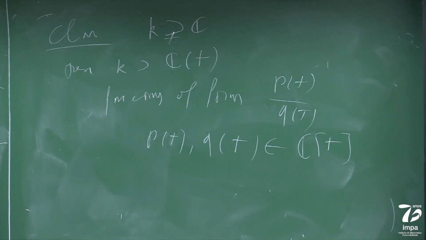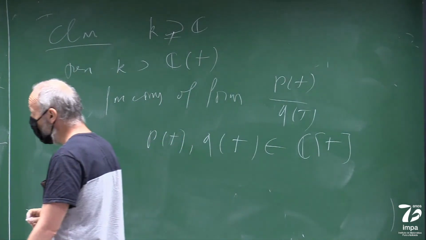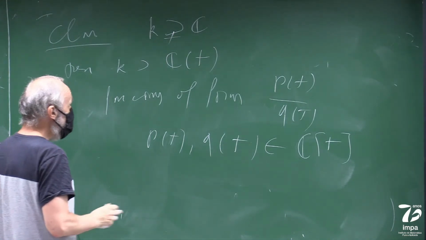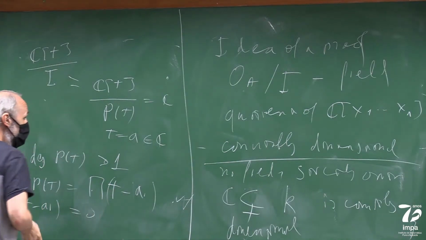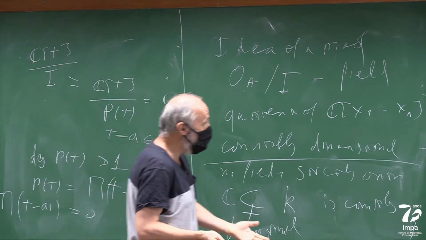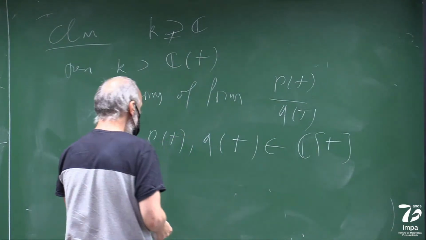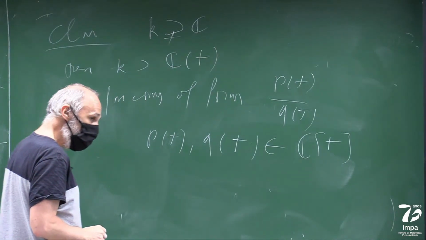I guess everybody should know what it is. And so t is either algebraic or transcendental. Transcendental means that it is never a root of any polynomial equation, and algebraic means that it is a root of a polynomial equation. By this argument, since C contains roots of all polynomial equations, the quotient is a field, so C has no algebraic extensions.